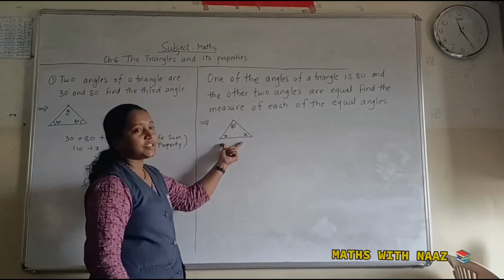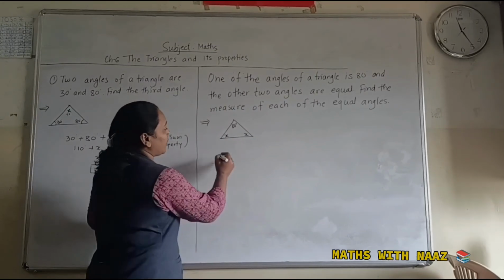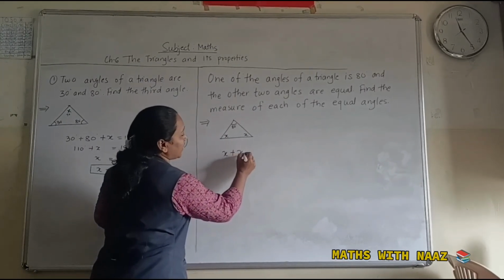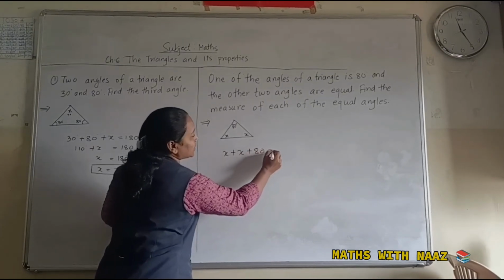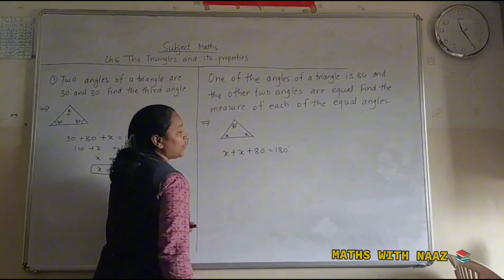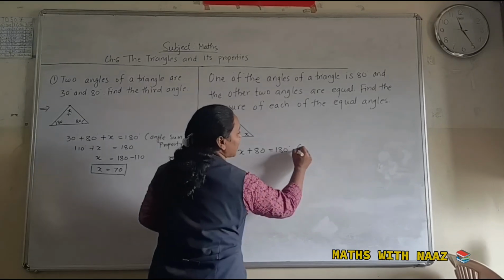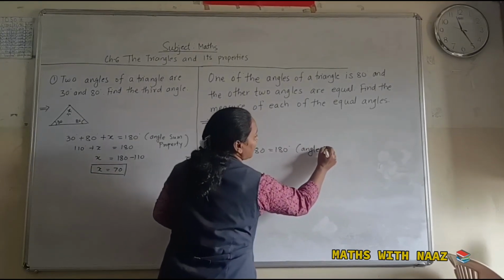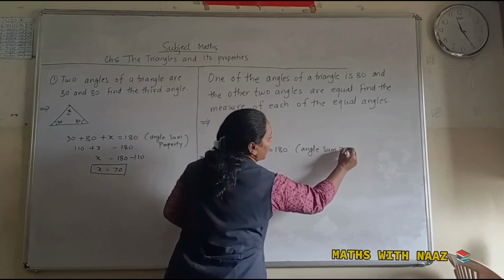So as per the given measurement, we can create an equation. So we will create x plus x plus 80 is equal to 180. Which property is it? Angle sum property. So write here, angle sum property.